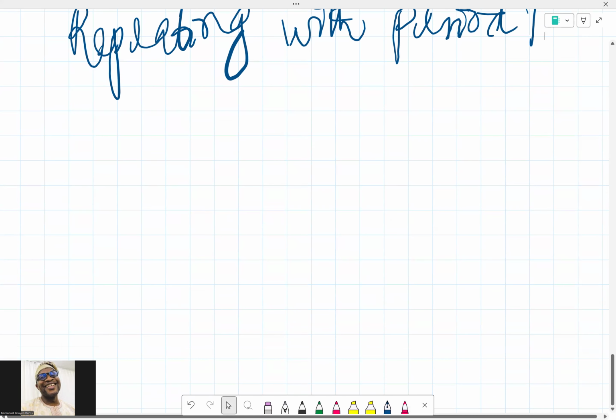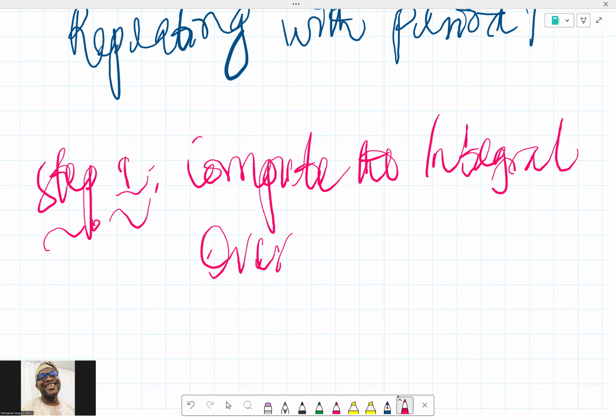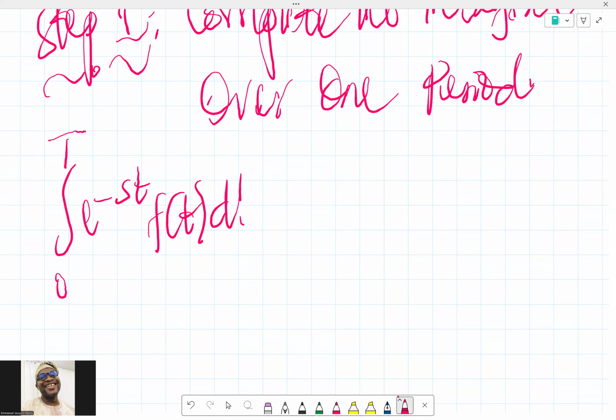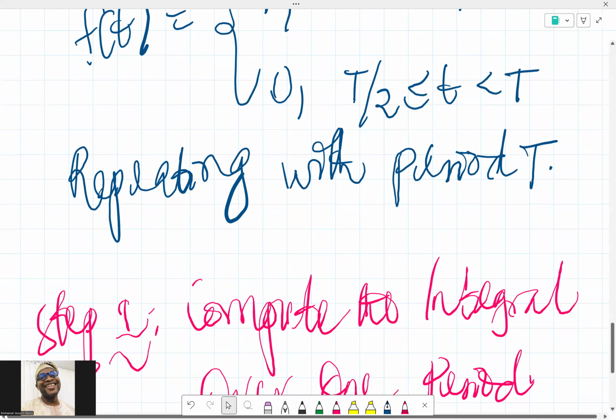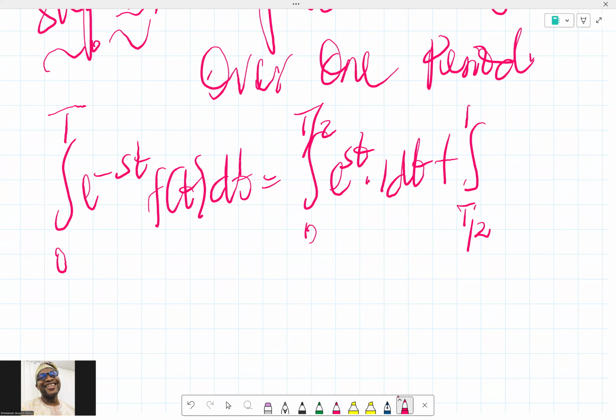So what do we do if we want to find the Laplace transform? The first step is to compute the integral over one period, just like we had up there. The integral from 0 to T of e raised to minus st f of t dt is the integral from 0 to T over 2, where the function is 1, of e raised to minus st dt, plus the integral from T over 2 to T of e raised to minus st times 0 dt.